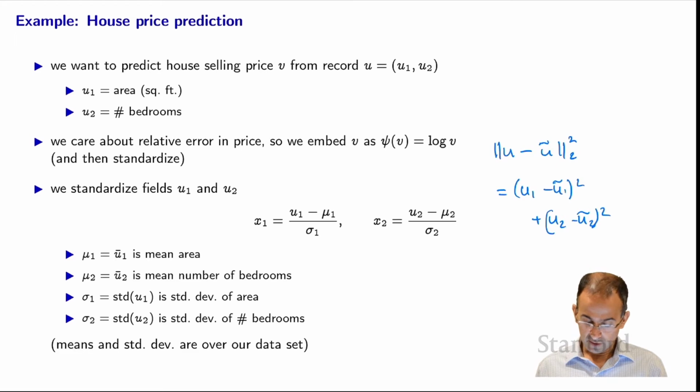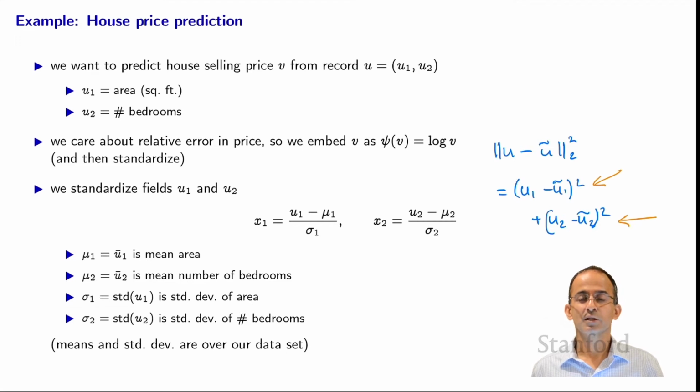And so the first term in this is the difference in the number of bedrooms of house u and house u tilde. And the second is the difference in the price of house u and house u tilde. Both of those quantities are squared and added up. Of course, the trouble is that even a very small change in price is going to swamp a change in the number of bedrooms.